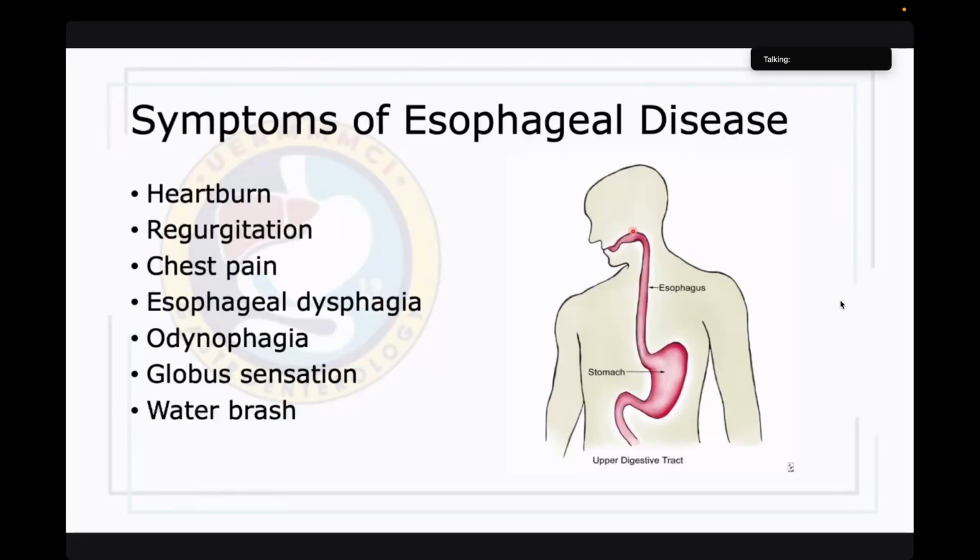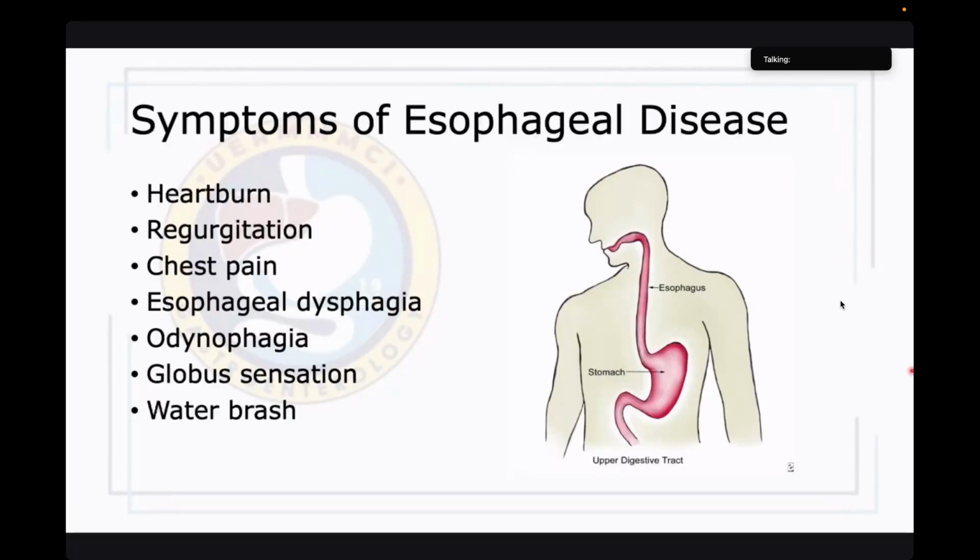And unlike vomiting, it is not preceded by nausea and retching. So it is effortless. It should always also be differentiated from rumination, which is recently swallowed food being regurgitated and then re-swallowed repetitively for up to an hour.